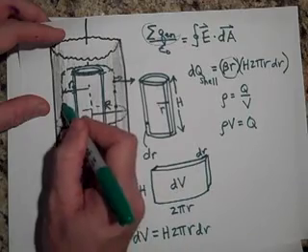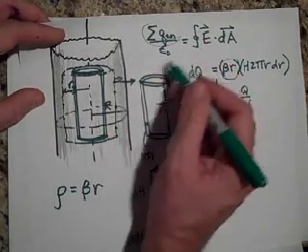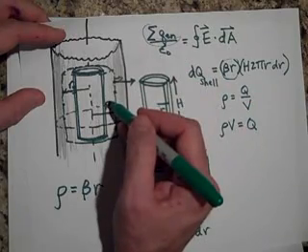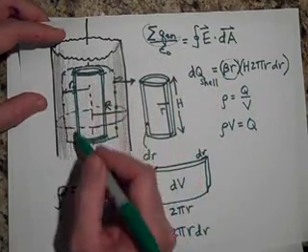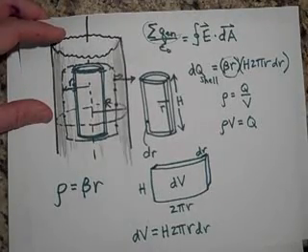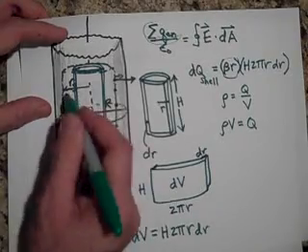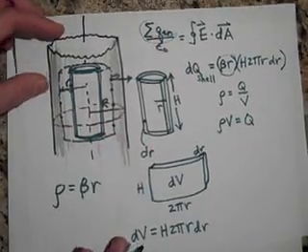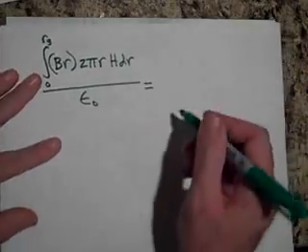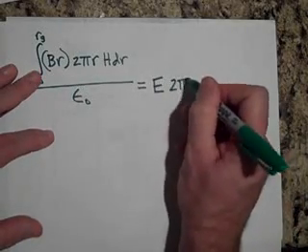So I can pull the E out of the integral and sum up all the dAs. And all the dAs, if I cut this and rolled it out, would give me h times 2 pi r_g of the Gaussian surface. So it's going to be E times 2 pi r_g times h.